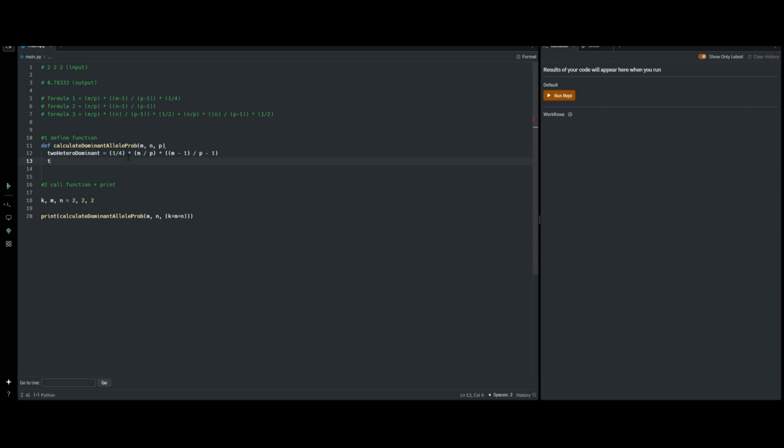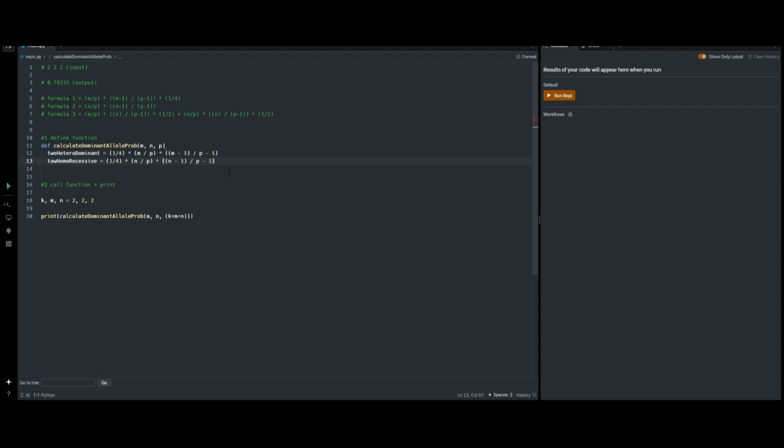And the next one is homo recessive, equals 1/4, and then we can just copy this. Technically, it's the same formula. You say n, n minus 1, p, p minus 1.